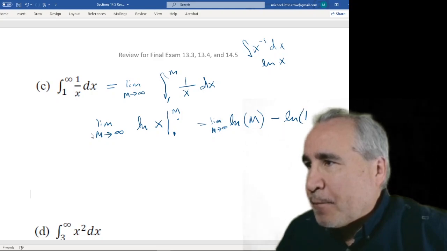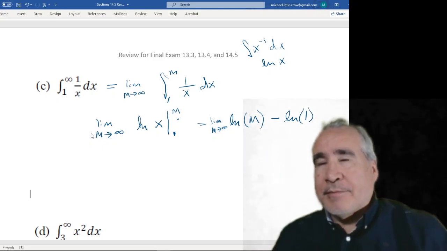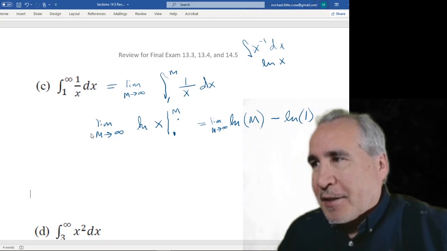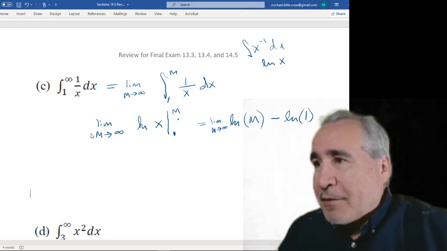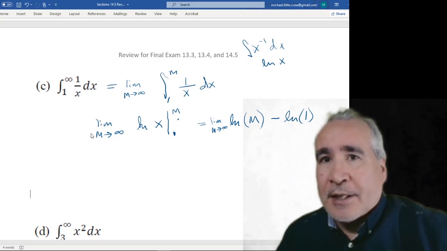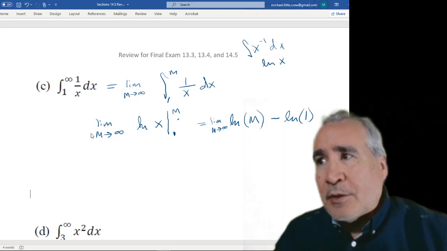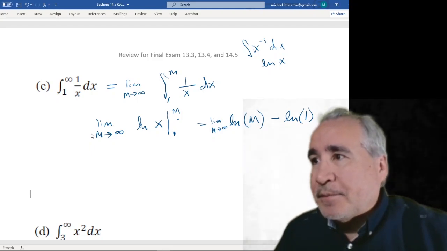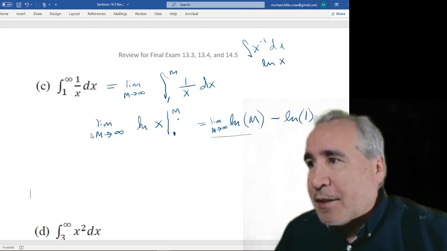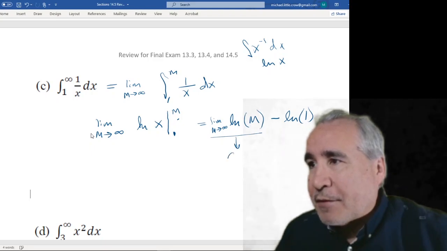Limit of 1. Now, limit of 1 is a number. I believe it's 0. Yes. However, the problem we get here is when m goes to infinity, natural log of m also goes to infinity. It gets big slowly, but it gets big. So this part diverges.